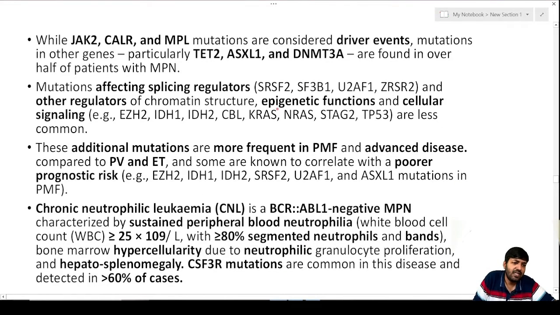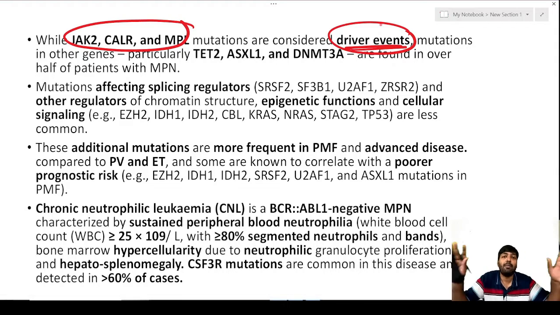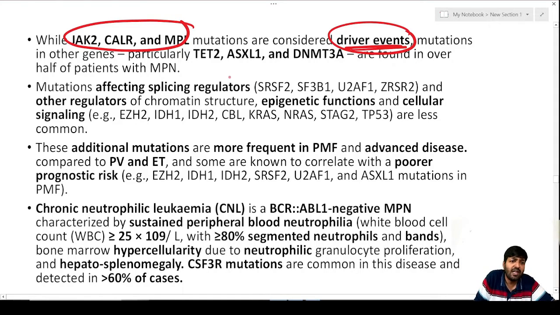Again, these are certain changes in association with the different kinds of MPN. JAK2, CALR and MPL mutations are considered the major, or the driver, mutations. A driver is the most important mutation which is driving the particular neoplasia. Mutations in other genes like TET2, ASXL1, DNMT3A are found in over half of patients with MPN.